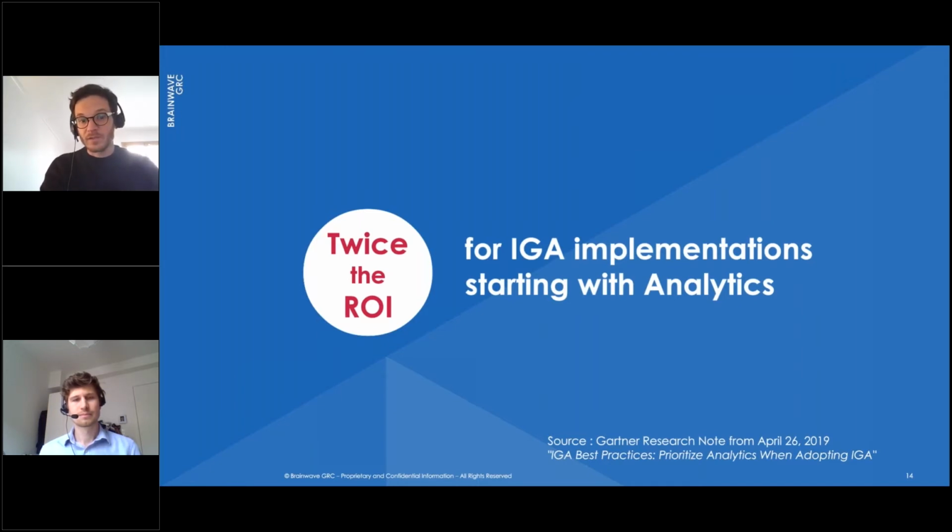IGA implementation starting with analytics show twice the ROI as those that don't, actually. So mainly because it will help to clean the data before feeding this data to your IAM system. But even during the run phase, you will have a lot of benefits using identity analytics.